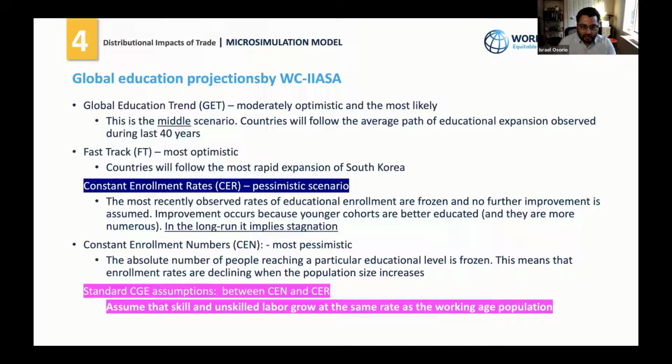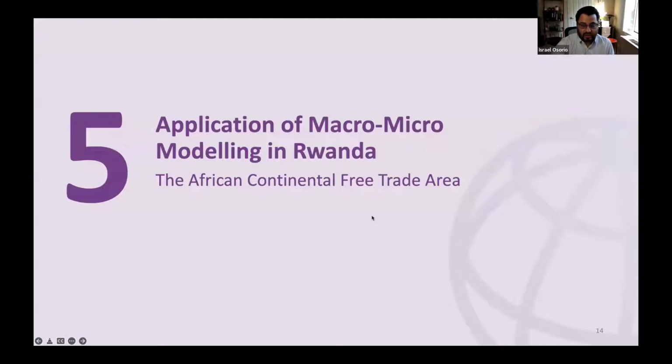But basically, the constant enrollment rate is a pessimistic scenario. The enrollment rates are frozen, and in the long run it implies a stagnation of skilled labor, but it still is higher than the typical assumption of the CGE models.